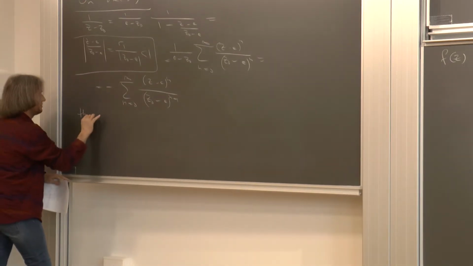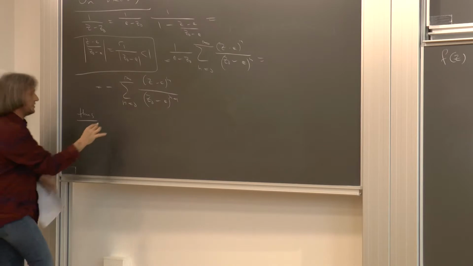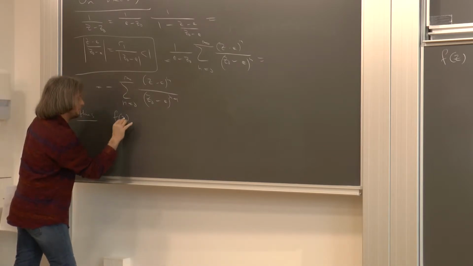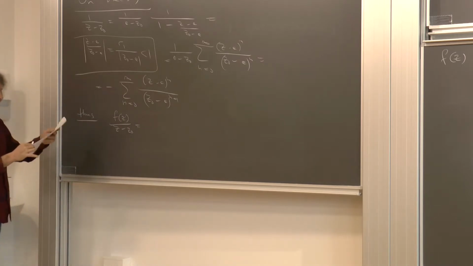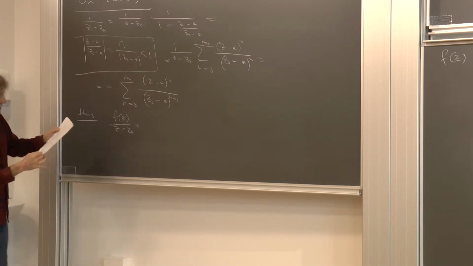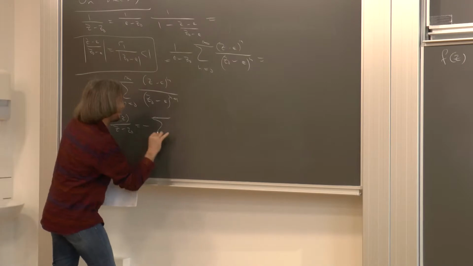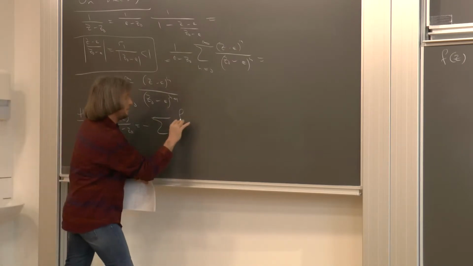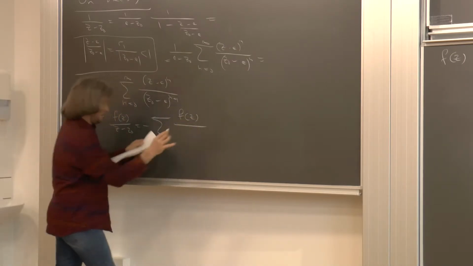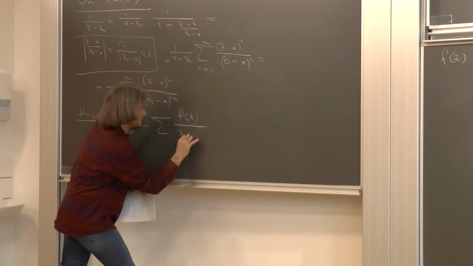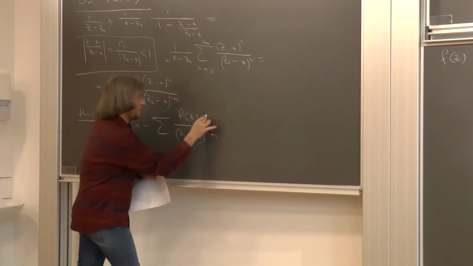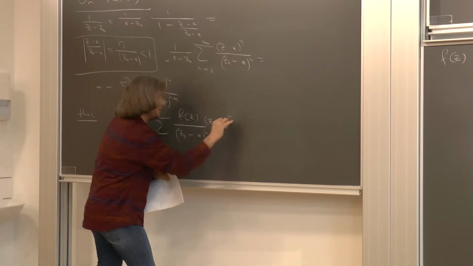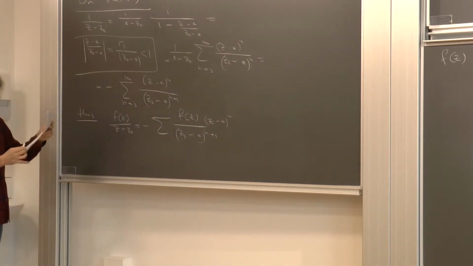So then, thus, f of z over z minus z naught becomes minus sum f of z over (z naught minus a) to n plus 1, times (z minus a) to n.